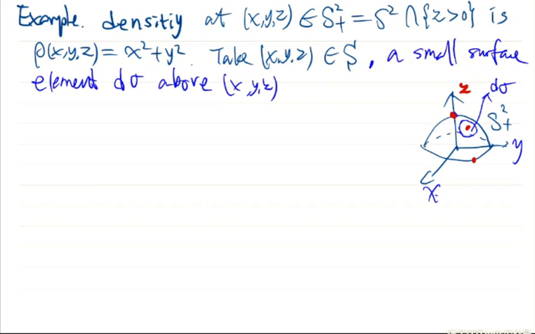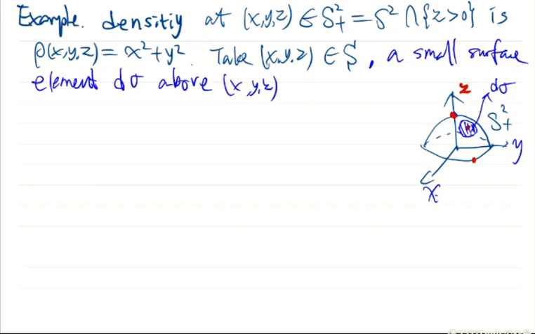Then in this small piece, the density is changing from point to point, but because the density is continuous, and all the points in this small piece are very close to our picked point (x, y, z), we might assume that every point in this small piece has the same density. The value is the density at the point (x, y, z).